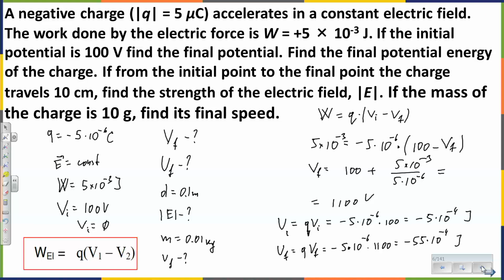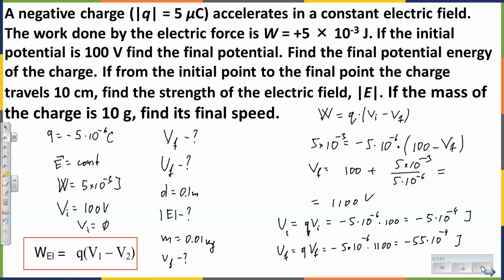Which energy is higher? Which energy is lower? Well, this is how we think about negative numbers. On a negative scale, so this is negative 5, that will be negative 55, right?